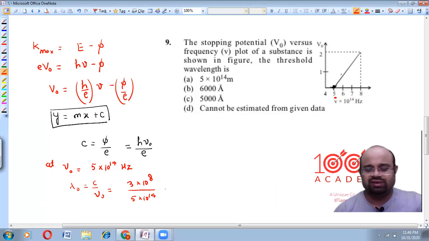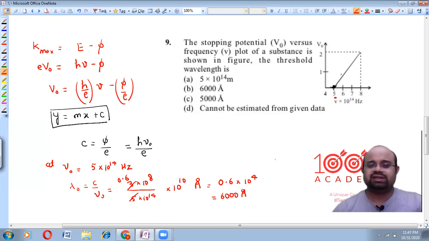If you want to convert to angstrom, multiply by 10 raised to power 10 angstrom. So it becomes 0.6 into 10 raised to power 4, and that becomes 6000 angstrom.